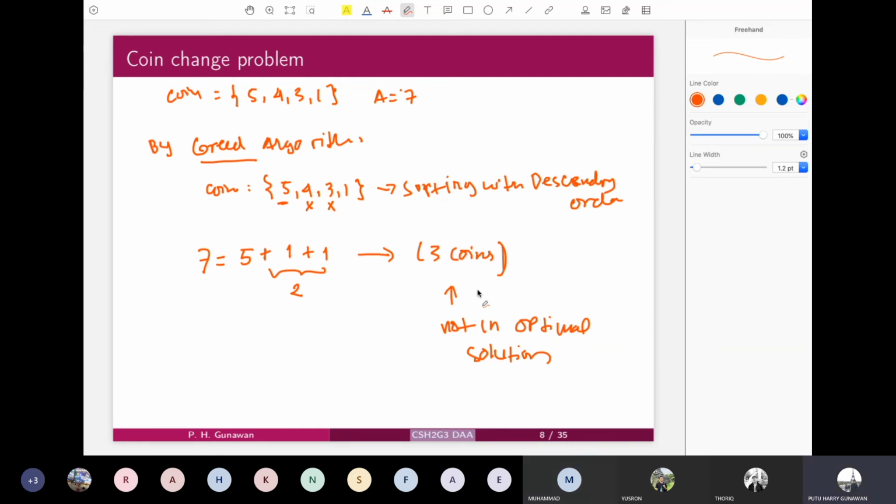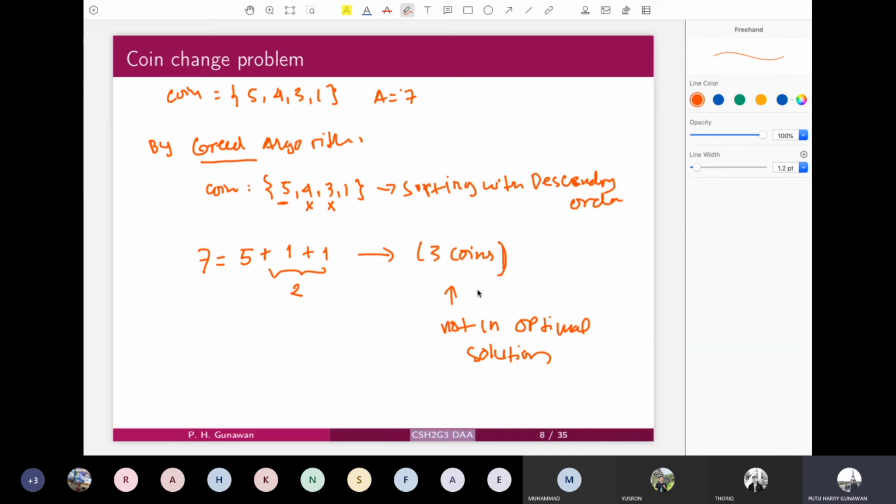Okay, so what can you get? The greedy algorithm is not optimal enough. What do you mean by not optimal? Let's first consider the efficiency.